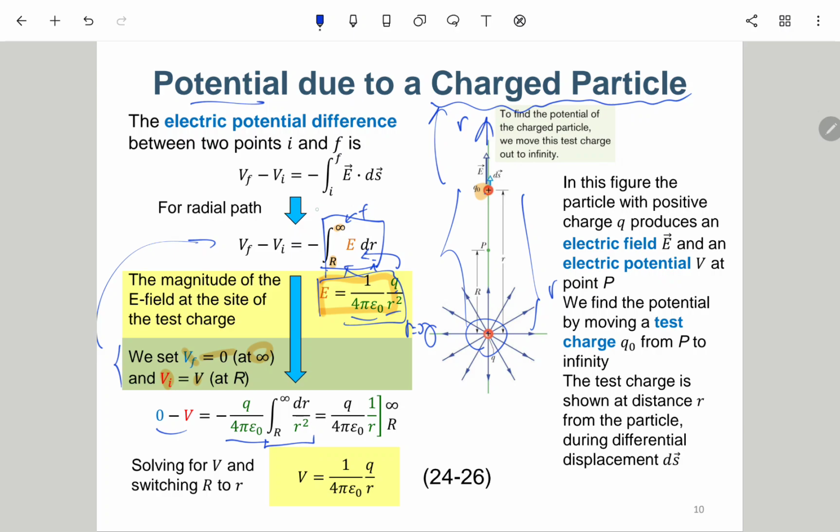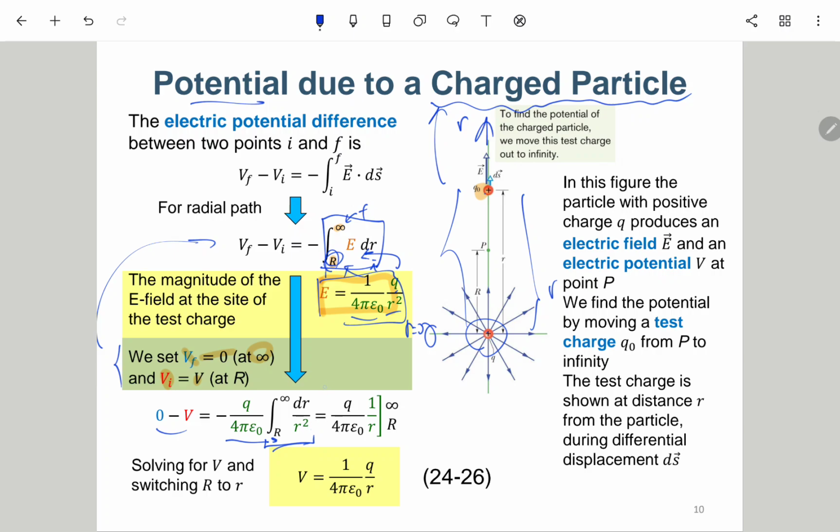We make it capital R because if we make it small r, this r and that variable will be the same. So we make it capital R at the very beginning, and after getting the result, we replace capital R by small r. This integration is easy to calculate for a polynomial.